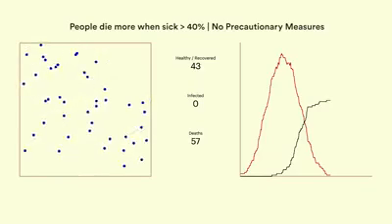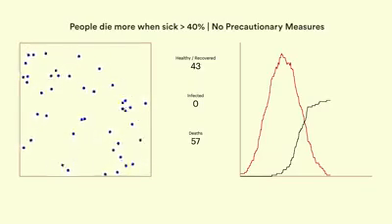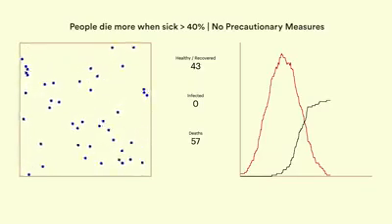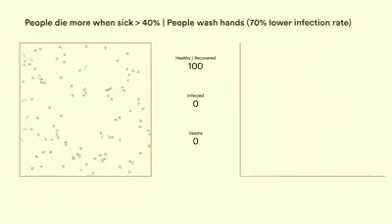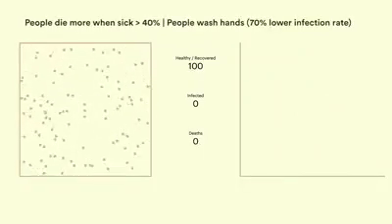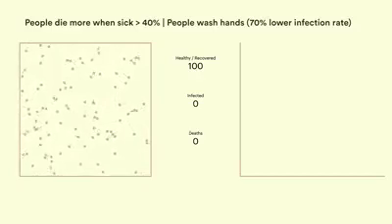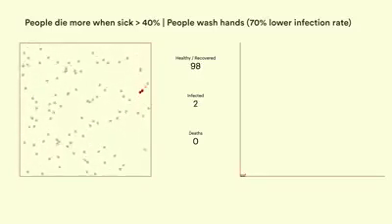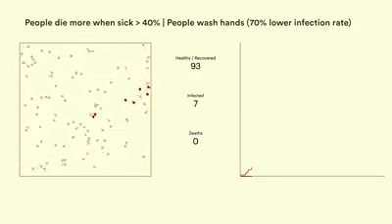For our second scenario, let's see what happens if the majority of the population washes their hands with soaps and sanitizers. Instead of people getting infected instantly, now there will be a 70% probability that they don't get infected at all. Okay, action.